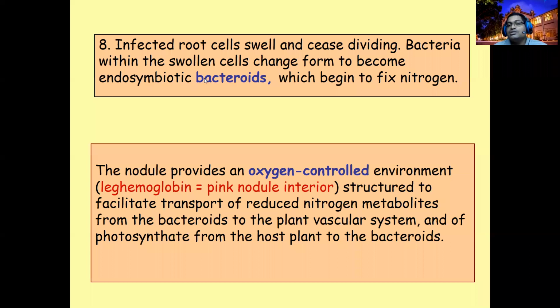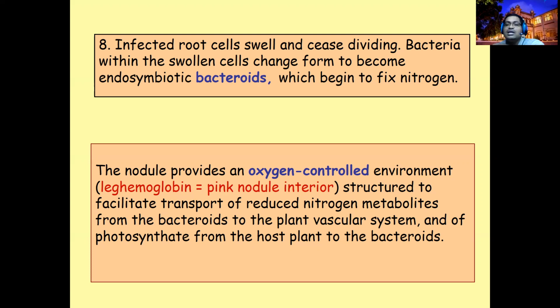We call it an endosymbiotic bacteroid. For the limitation of oxygen, they will produce leghemoglobin that controls that area. This is an oxygen-free condition, but bacteria need oxygen. But for nitrogen fixation, it should be oxygen-free. Therefore, they are producing leghemoglobin.